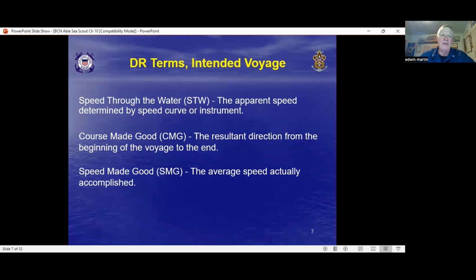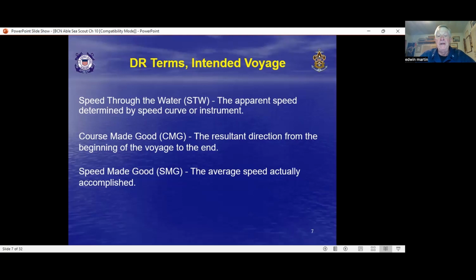Something thrown over the side, and sometimes you throw it off the bow and you count the seconds between the bow and the stern. You know the length of your vessel, how long it took. You can compute your speed. Course made good is the resulting of everything that took place during that voyage.